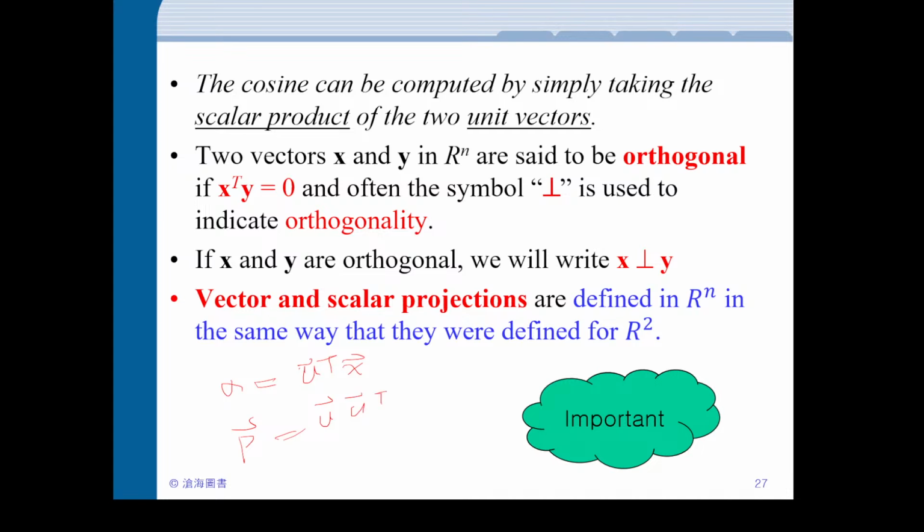Sorry, too many vector signs, so I changed my mind, don't write the vector sign. So P equals U U^T X.